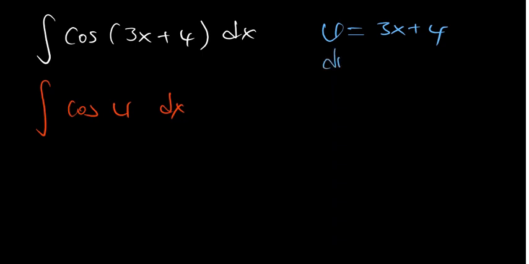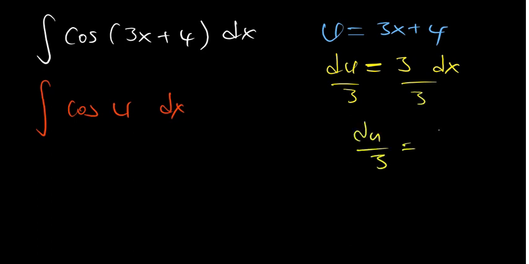So our du is going to be equal to the derivative of 3x, which is 3, and the derivative of 4 is 0, so 3 dx. Let's make dx a subject. So divide both sides by 3. So du over 3 is equal to dx.